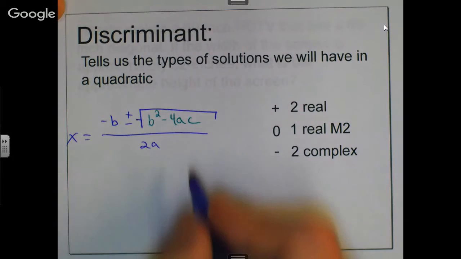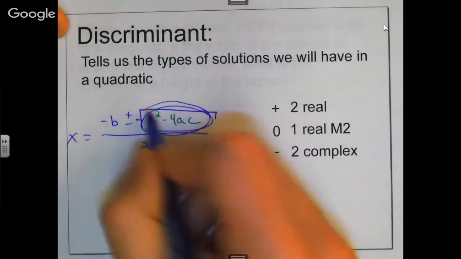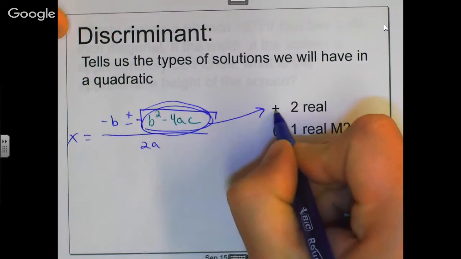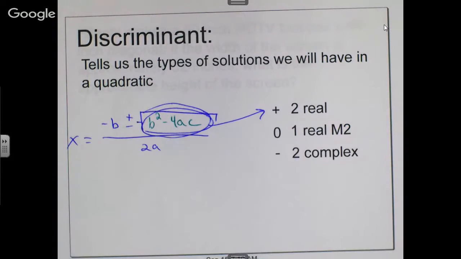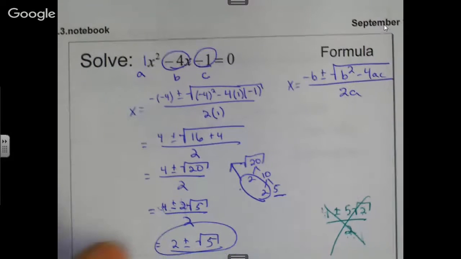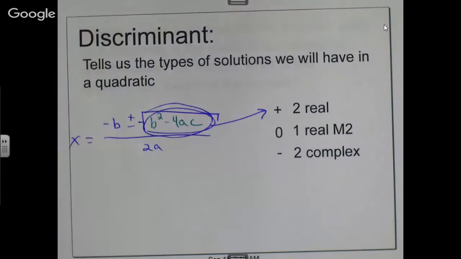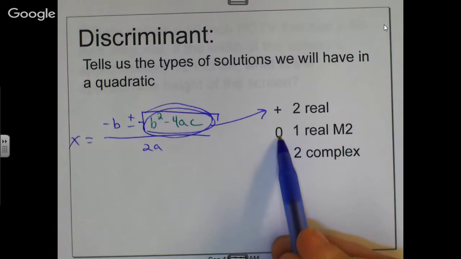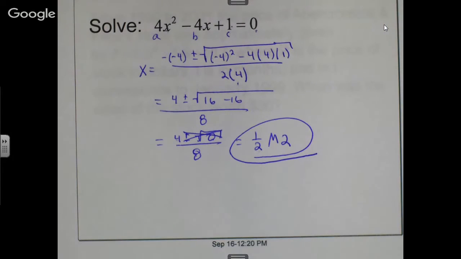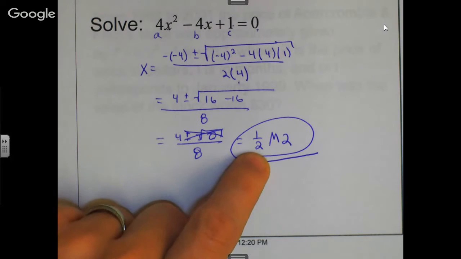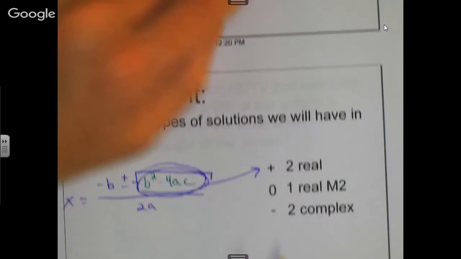Okay? If I work this part out and it gives me a positive number, I will have two real solutions. That's like back here when we got 20 there, we had two real solutions. If it is 0, which we had up here, I got 0, I will have one real with multiplicity of 2.